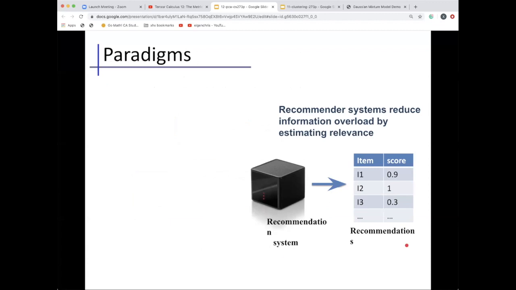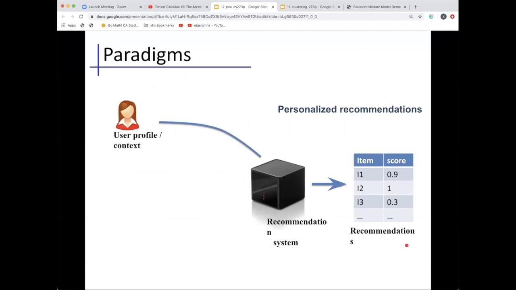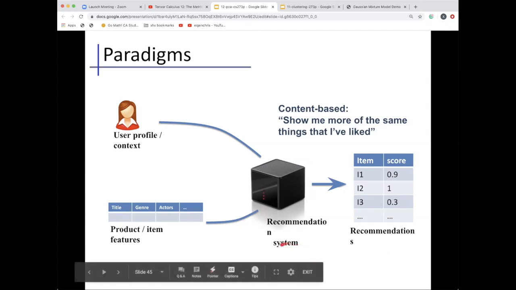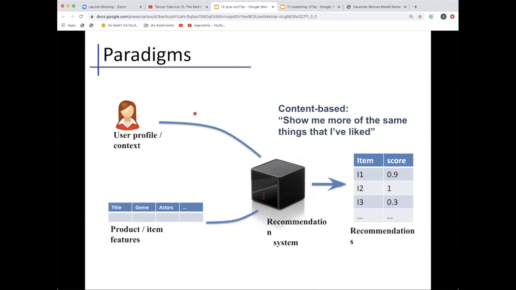There are multiple ways for doing this. In general, there are different approaches. One approach is called the content-based approach. In the content-based approach, essentially, your algorithm builds a profile of your users based on their previous purchases.